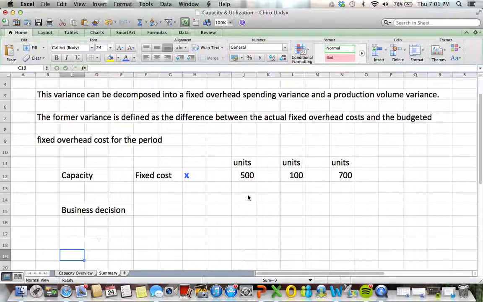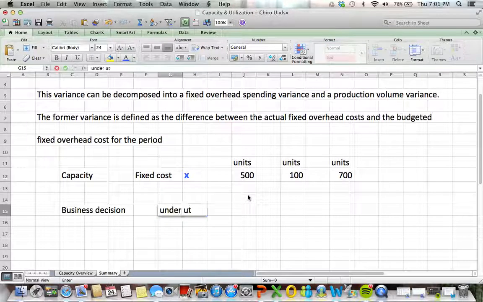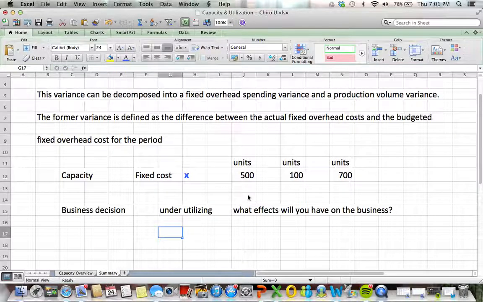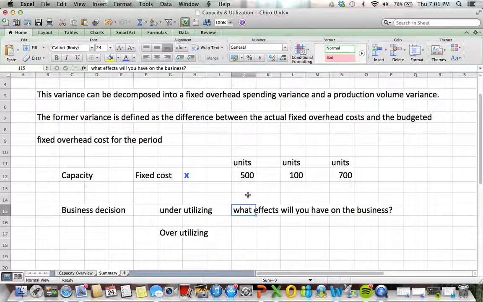So the idea is to think about, if you're underutilizing, what effects will you have on the business? And if you're overutilizing, same thing. What's going to happen to the business?